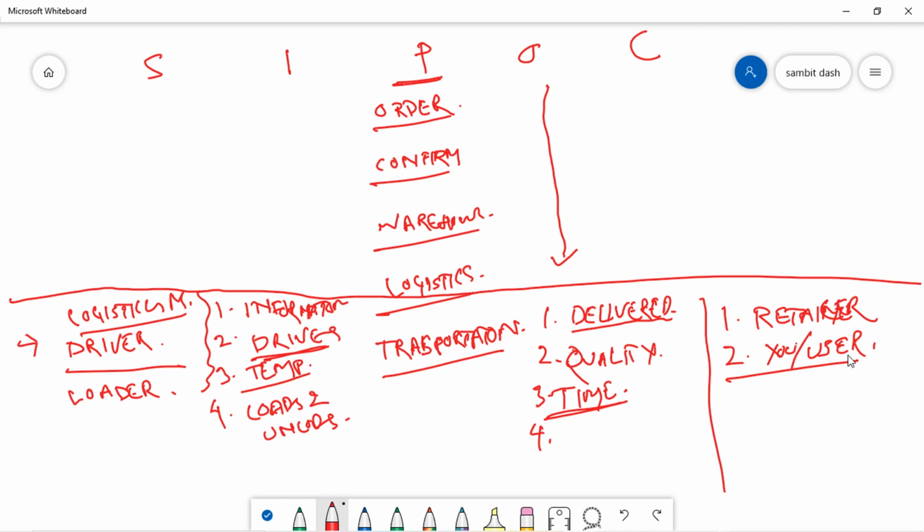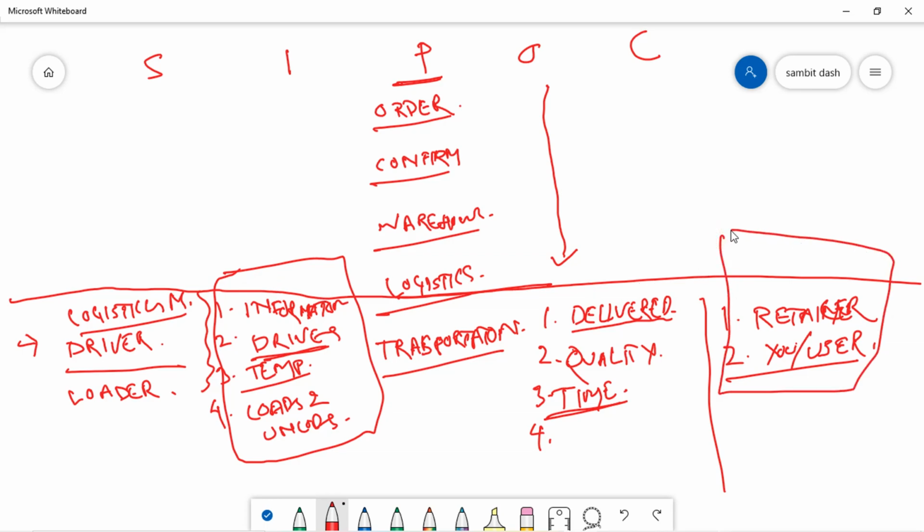So now who are the stakeholders? If we go back to this sub process, the stakeholders are first, these all are the stakeholders, right? And these are also stakeholders.